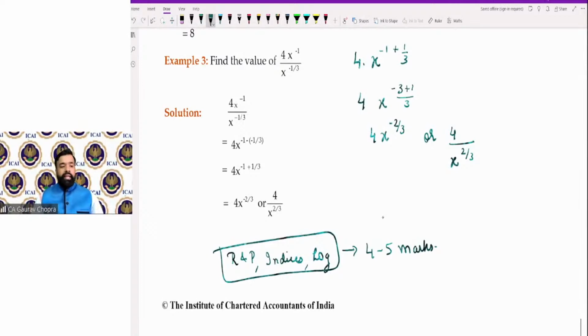This is the combined weightage. And the chapter which has the highest weightage is time value of money, that we will be doing in great detail. The weightage of the chapter time value of money is 12 to 16 marks. So it is very, very high.